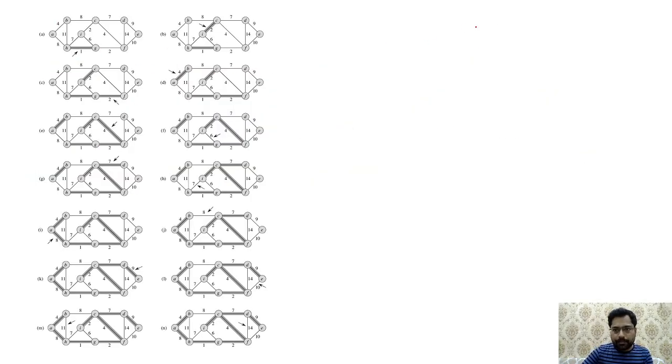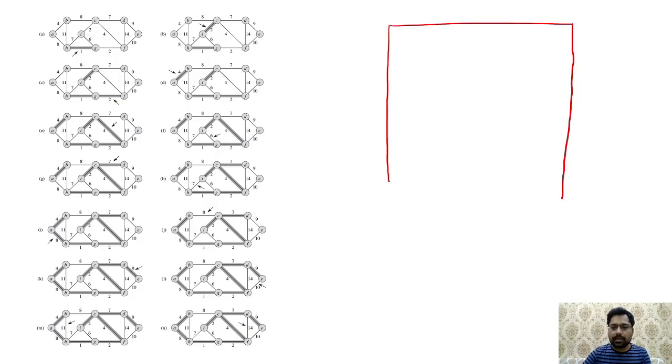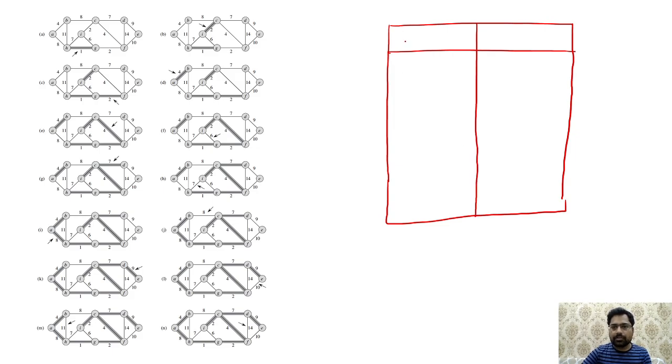So here, first you have to maintain a table. That could be very easy for you to understand. One side you can keep edges, another side weight or cost.